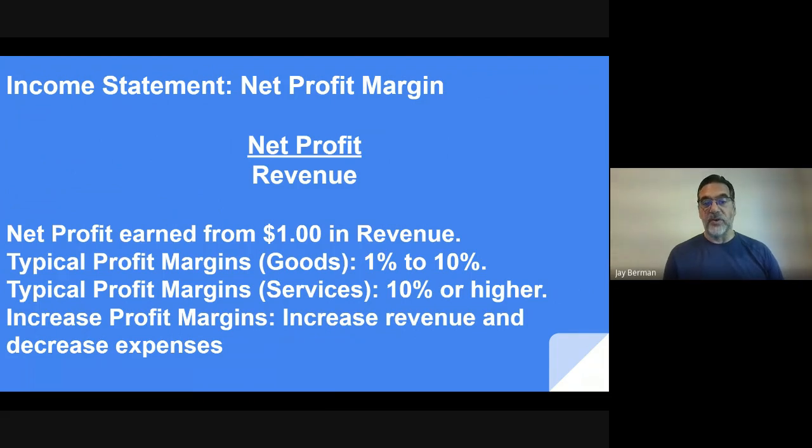Typical profit margin for services can easily be higher than 10% or even higher, because again, you don't have to calculate cost of goods sold because services don't have cost of goods sold to calculate. In order to increase your profit margins, whether you're selling goods, services, or both, you need to increase your revenue, maybe by advertising, or decrease your expenses.